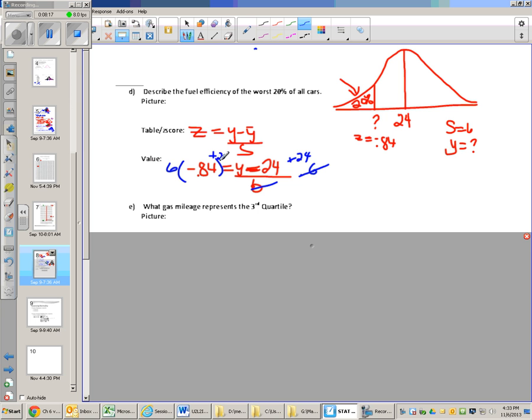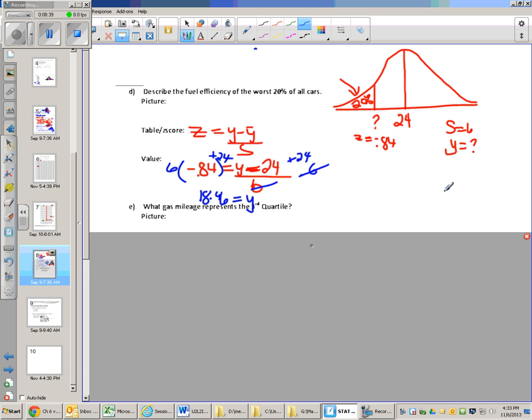So when you do this arithmetic, 6 times negative 0.84 plus 24, you should get approximately 18.96 for y. And so 18.96, or about 19 miles per gallon. That's the fuel efficiency. About 20% of the cars get less than 19 miles per gallon.